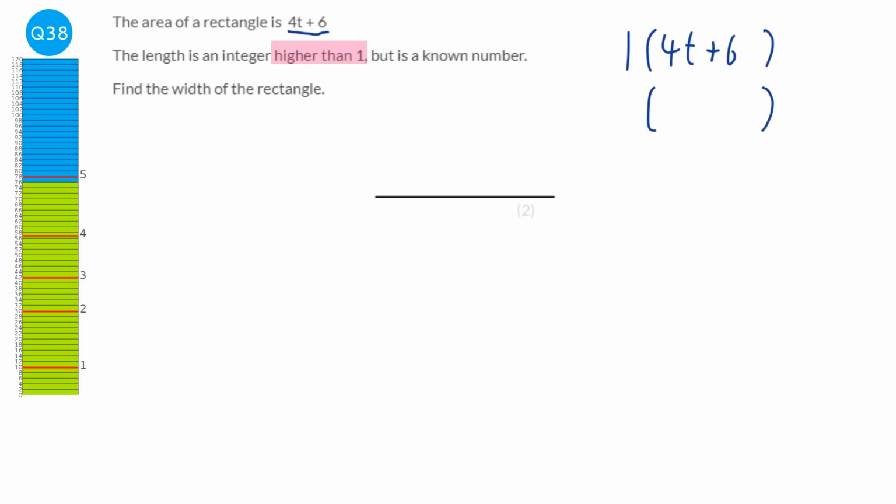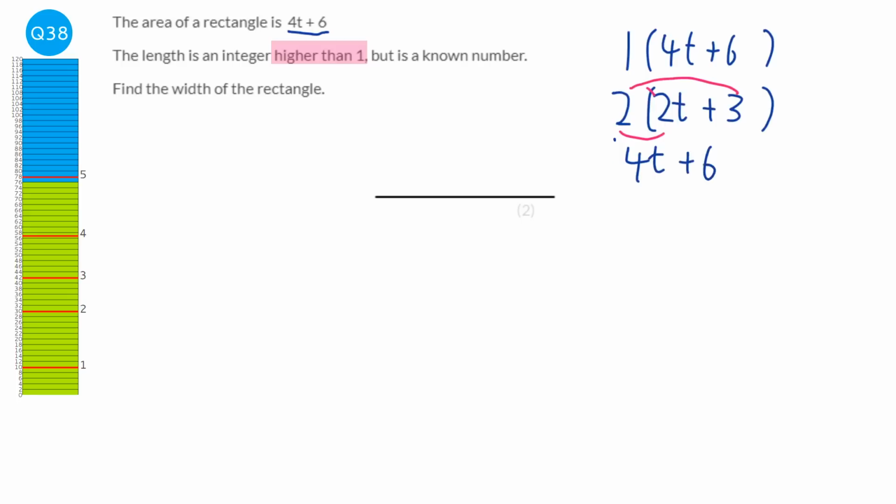So if we look at 4t and 6, well, they're both in the 2 times table. So I can put a 2 on the outside here. 2 times 2t is 4t, and 2 times 3 is 6. So what we can do is we can just check that out with smiles and rainbows. Put all my times down there to remind me to times it. So 2 times 2t is 4t, 2 times 3 is 6.